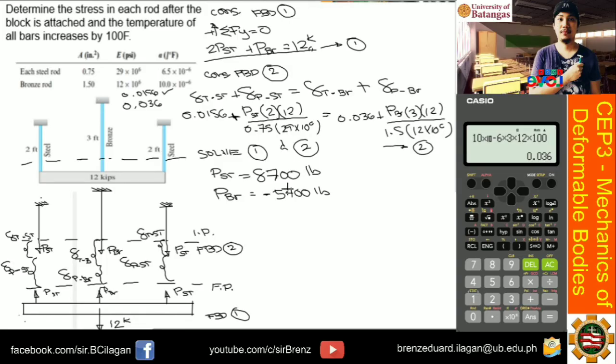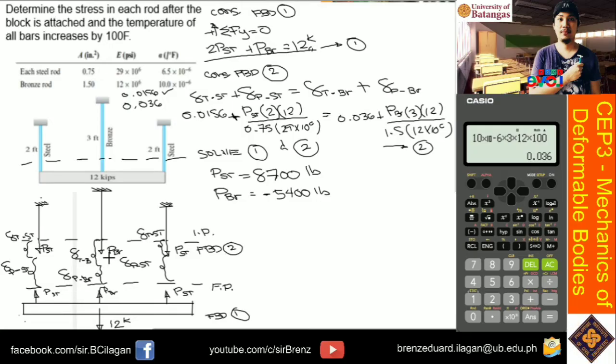Kasi doon sa libro, ang ginawa niya, di ba inalis niya yung kinati niya sa dalawa, nag-section siya. So dito, yung naging assume kasi niya, yung temperature, so di ba magkakaroon ng deformation due to temperature. So kung mapapansin nyo kasi, mas mahaba yung naging deformation ng temperature ni bronze kasi mas malambot siya.